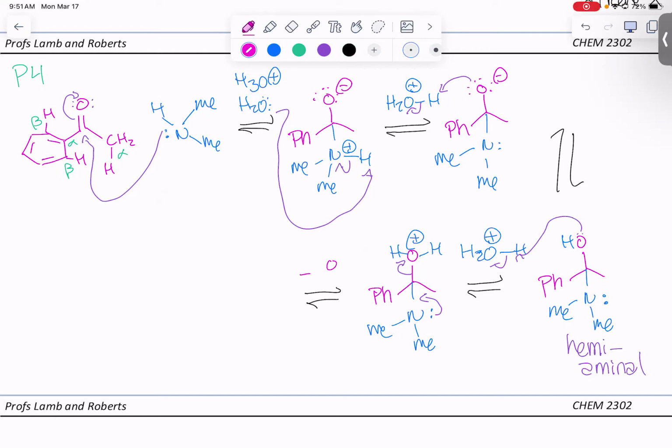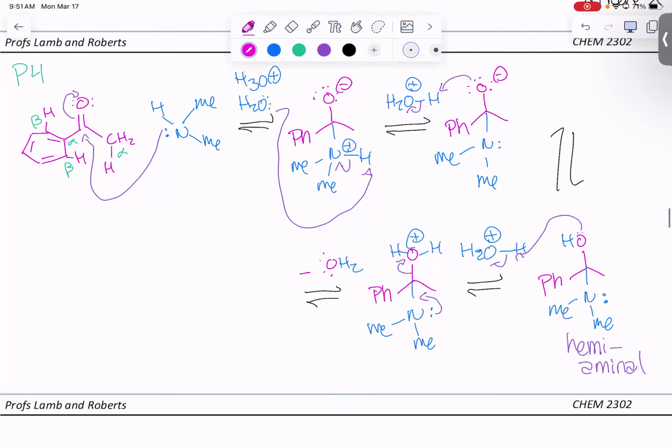So we've lost water in this reaction, and we're going to get to a similar looking intermediate that we saw before. This is the exact same mechanism that we saw before.